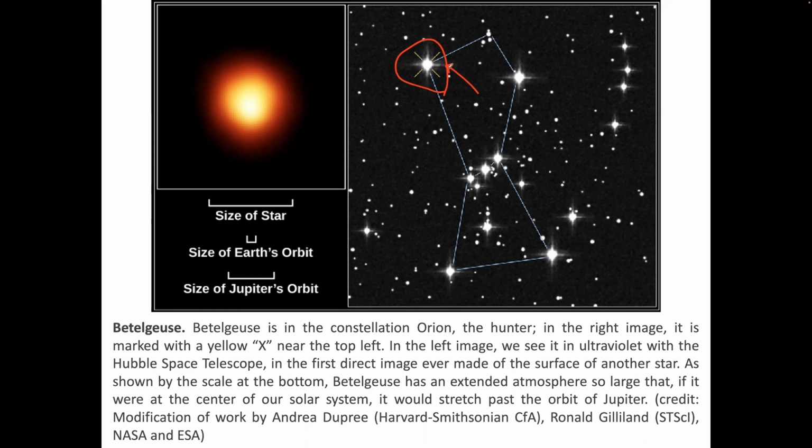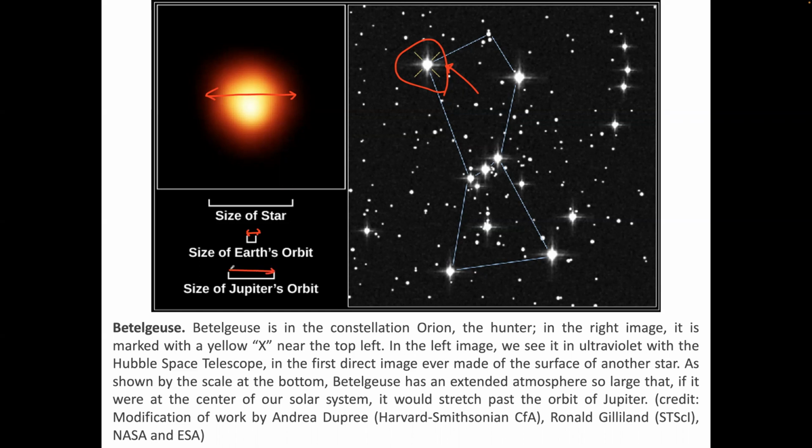And Betelgeuse is now considered a giant star. And you can see that the size of the Betelgeuse star will expand from here to here. And if you think about the size of the Earth's orbit, it's actually this much smaller, right? And you can see how large this star is, right? And the size of Jupiter's orbit is this much smaller.